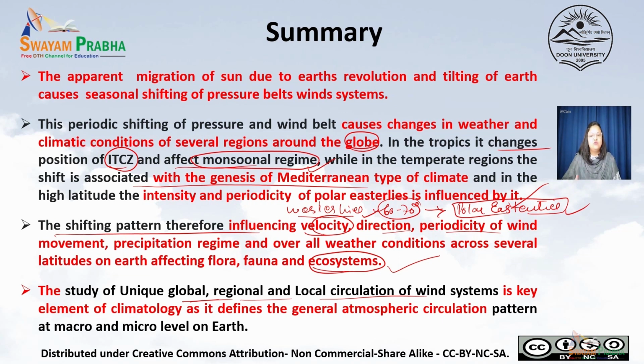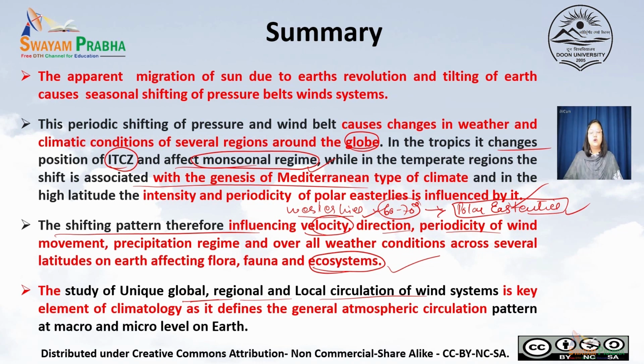So, because of the wind circulation, you have different types of atmospheric conditions which exist at the global level, the regional level and even at the local level, and all of them are very unique. They differ from one another, but at the same time they greatly influence one another, also defining the overall climatic system of the Earth.